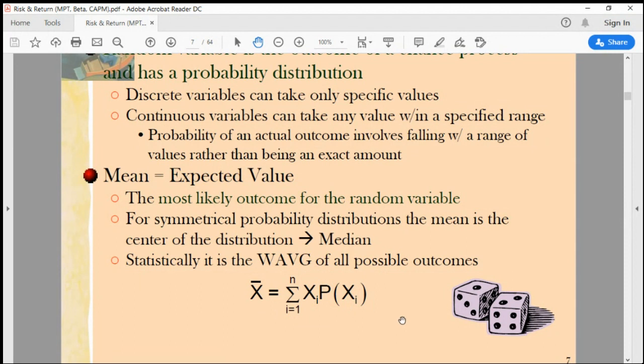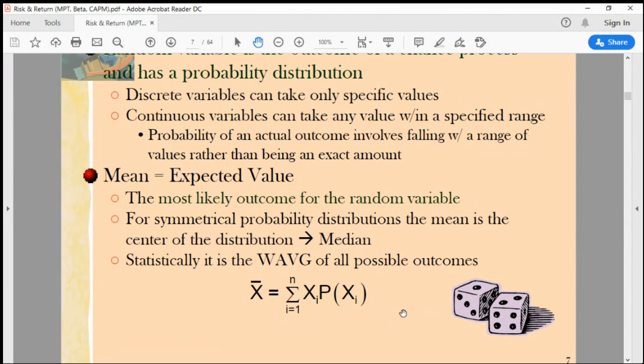When probabilities are all the same, the average of those possible events is the simple average, and the simple average is a special case of the weighted average where all the probabilities are the same, 1 over 6 in this case.